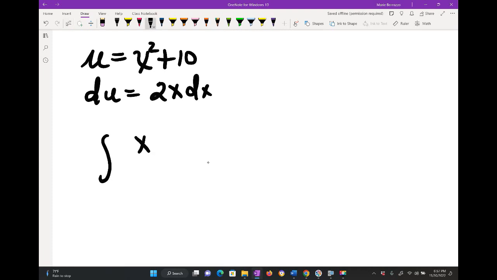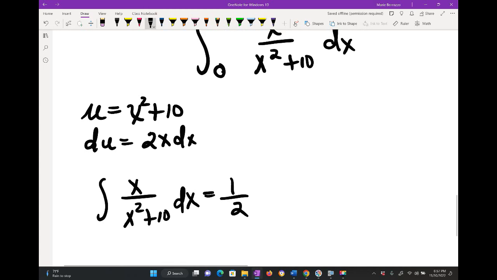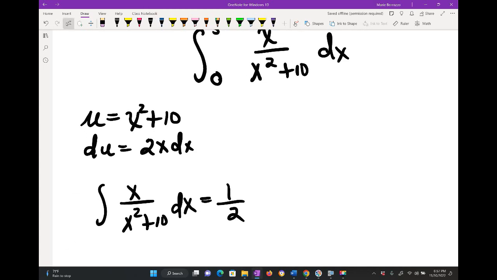So we still have x over x squared plus 10 dx, and we obtain the 1/2 from the 2x dx. That's our 1/2 factor, and we're still integrating 1 over x squared plus 10 times 2x dx.